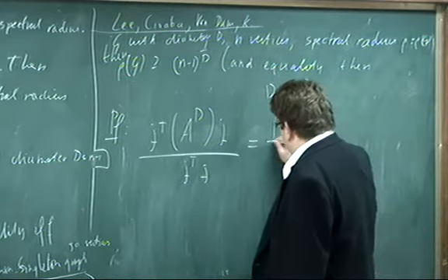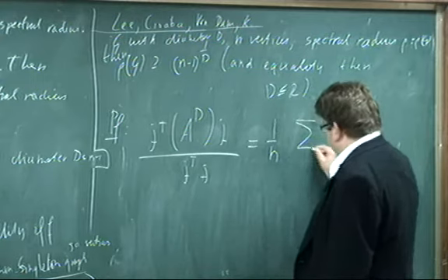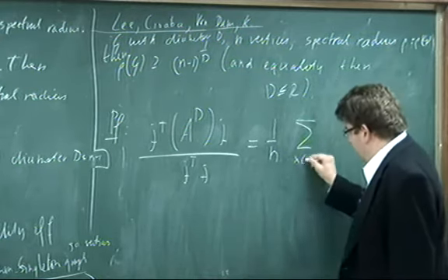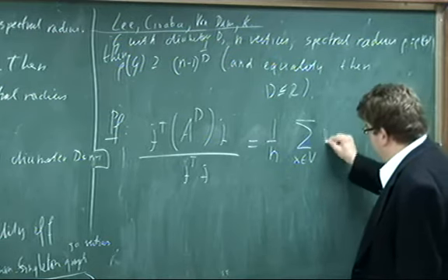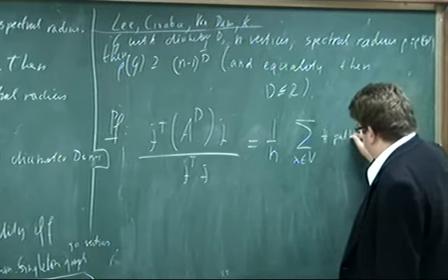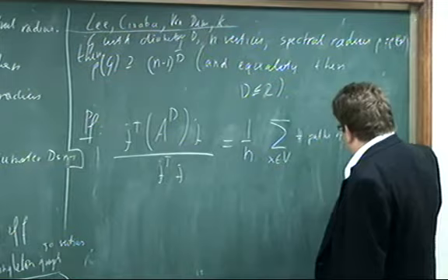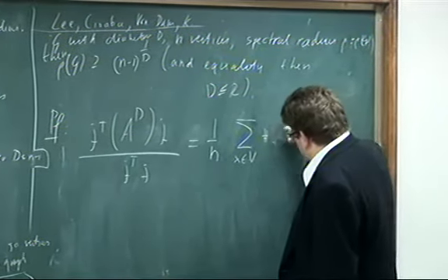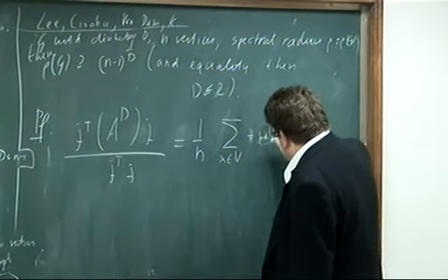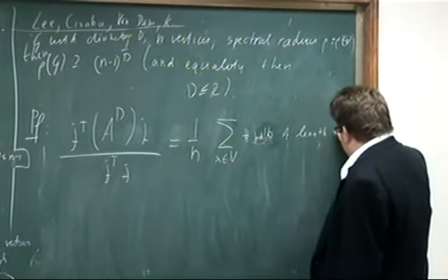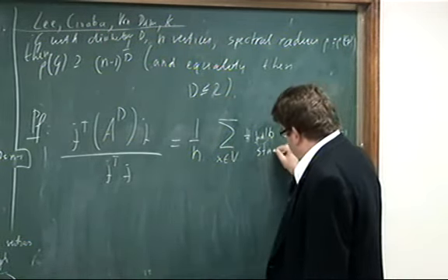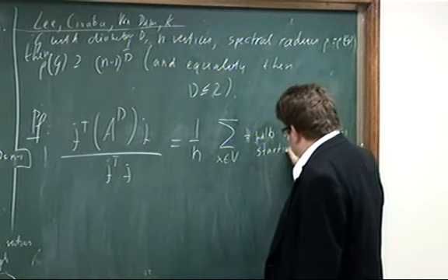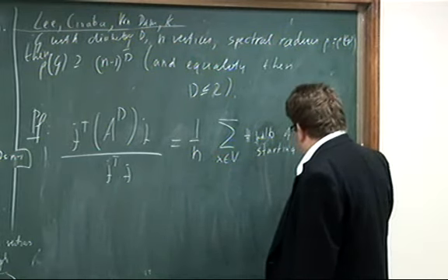This is 1 over n, the sum over x in V, the number of paths, I should say not paths, walks, I'm sorry, of length d minus 1 starting in x.